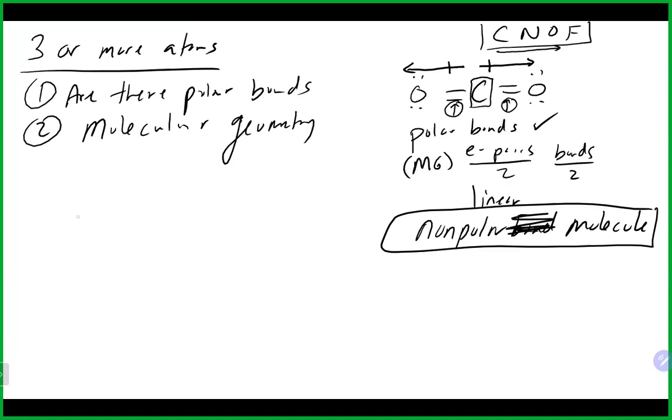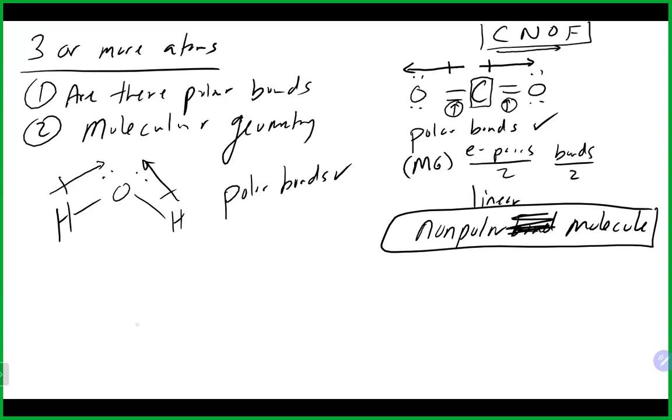Now, if you take something like water, which we just looked at, water also has polar bonds between the hydrogen and the oxygen, with oxygen again being more electronegative. In this particular case, it does have polar bonds. And the geometry here, which we just did, has 4 electron pairs and 2 bonds.